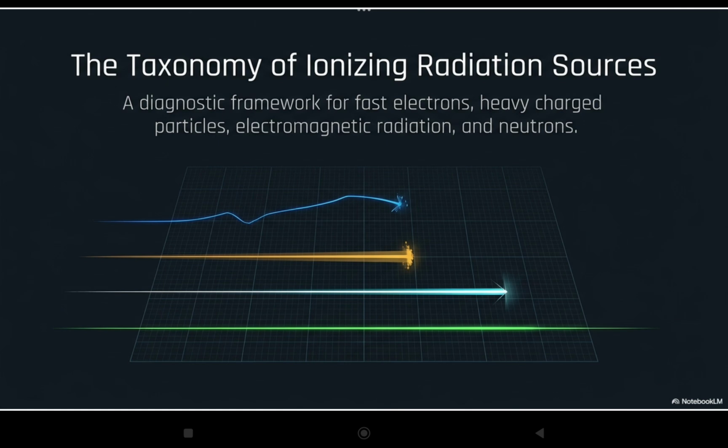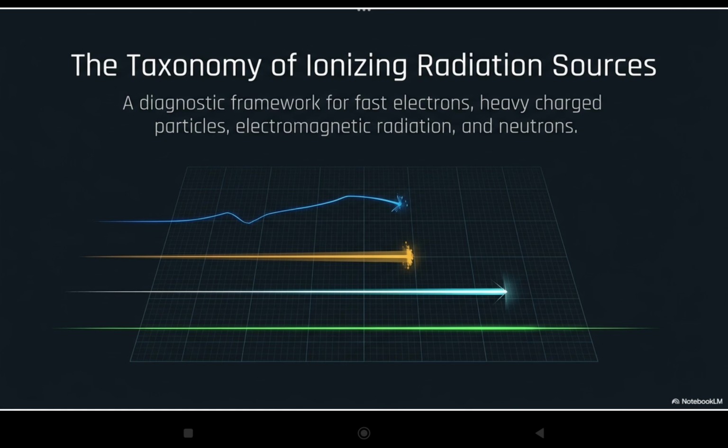In this lecture, we will classify ionizing radiation into major groups such as fast electrons, heavy charged particles, electromagnetic radiation, and neutron sources, and then connect those categories to source behavior, measurement, and practical use.